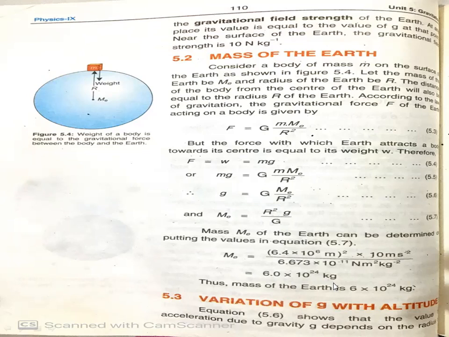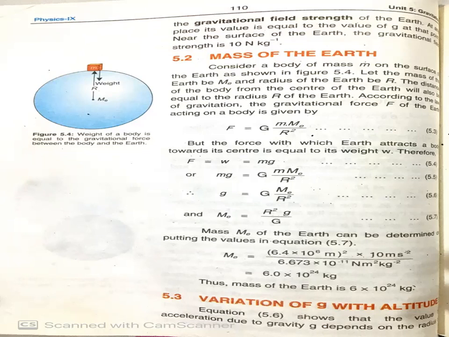So from now you have to remember this: the mass of the earth is 6 into 10 to the power 24 kilogram. Whenever this is not given to you in the numerical, you should memorize it by heart. You should know this all the time.